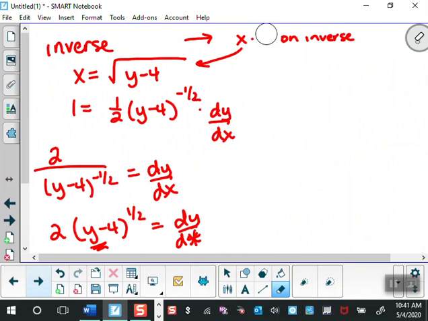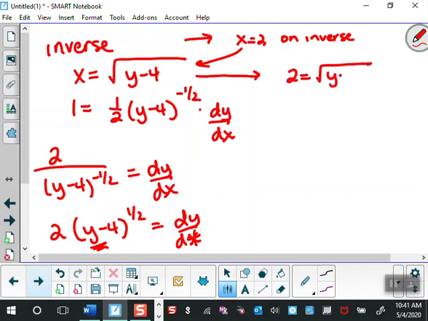So if x equals 2 in inverse world, then y has to equal 8. Okay. So this becomes 2 times 4 equals 4.